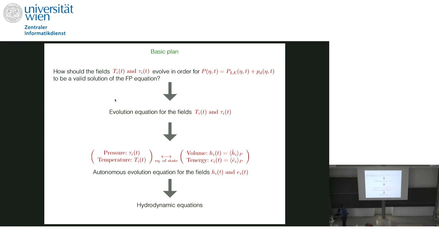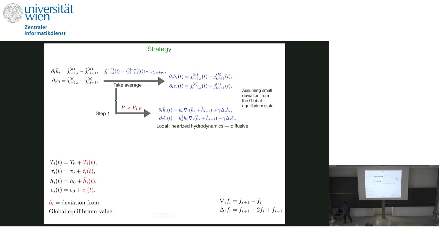I'll get equations for temperature and tau, and using the equation of state, I will get equations for the volume and the energy fields, and that will give me the hydrodynamic equation. That's the plan.